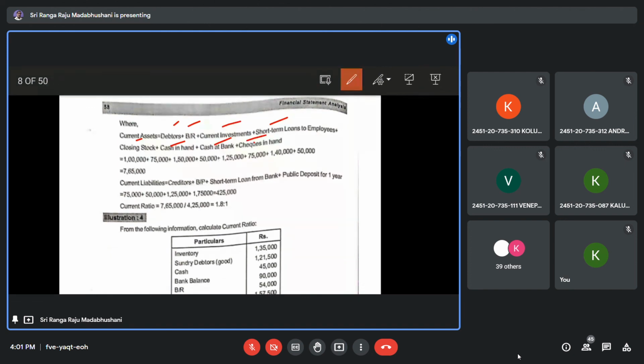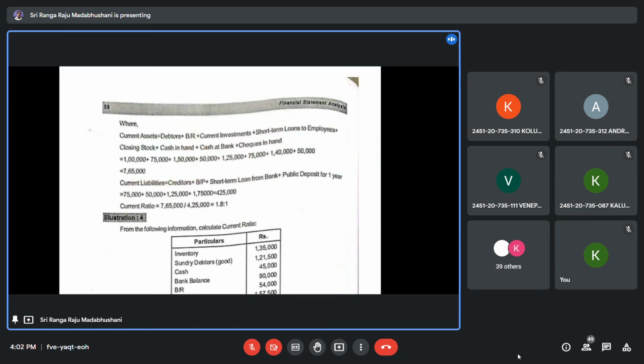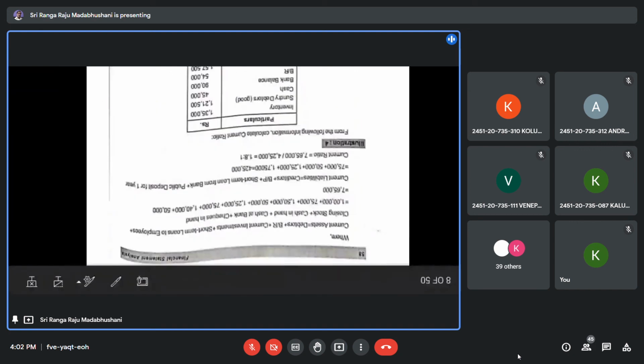The sum of this is 7,65,000. Current liabilities: creditors, bills payable, short-term loans from bank, public deposit for 1 year. So the ratio is 1.8 is to 1. So it's not so strong, but okay, near about. So this is about the current ratio.